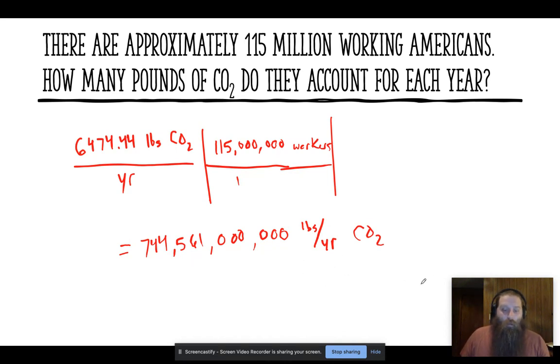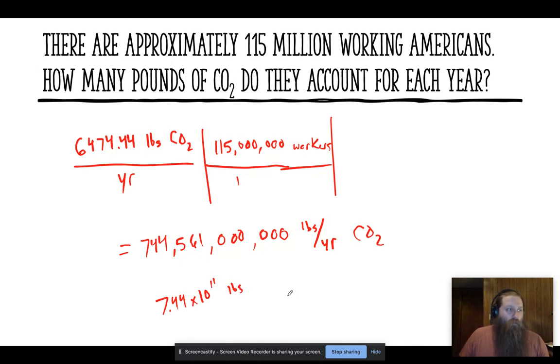That's a lot. That's a hard number to put into perspective. Let me show you what that would be in scientific notation, right? So we have 3, 6, 9, 10, 11. So that's 7.44 times 10 to the 11th pounds.